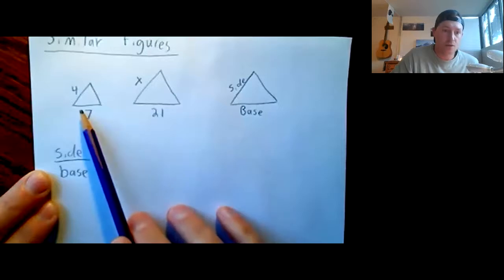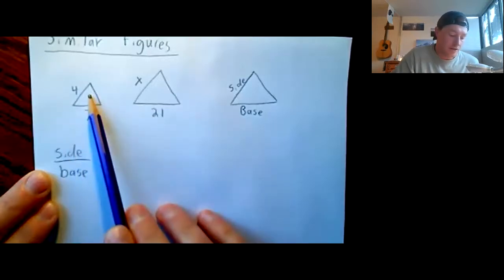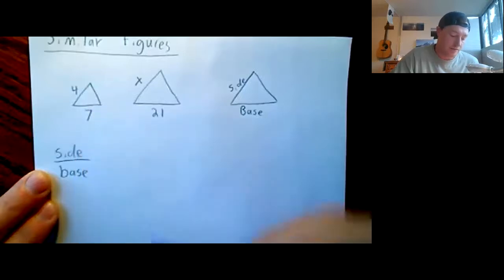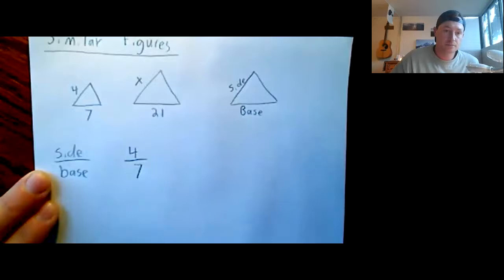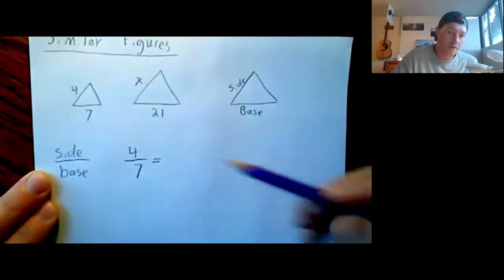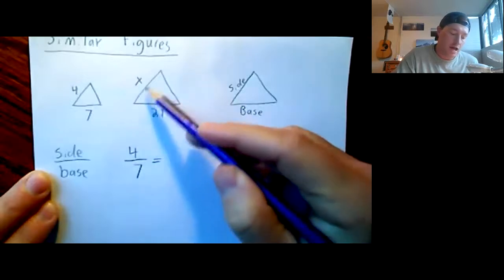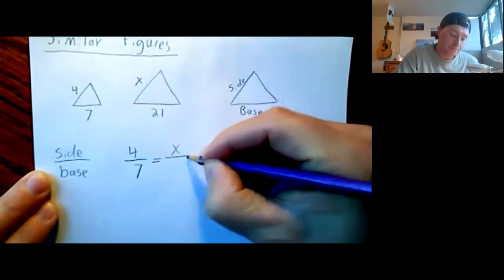So let's take this first one because both values are given here. The side of this one is 4. The base of this one is 7. So let's write that, 4 over 7. Side to base. And that's going to equal the side to base over here for this one. And the side of this triangle, we don't know it yet, that's x.